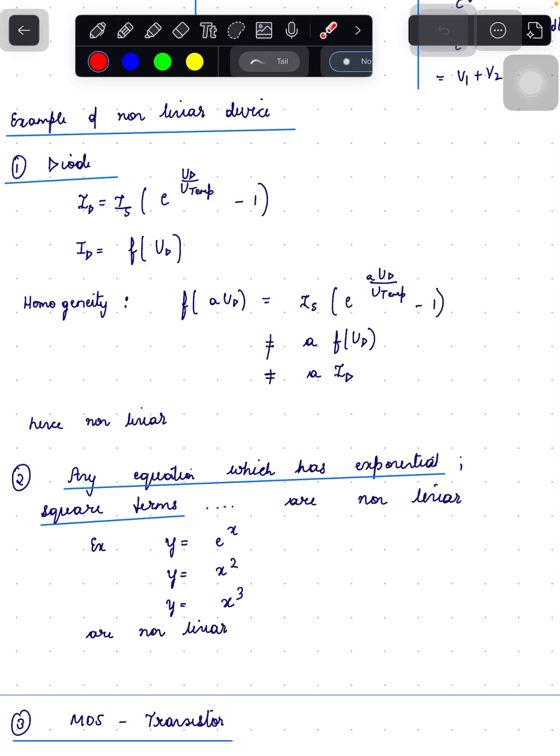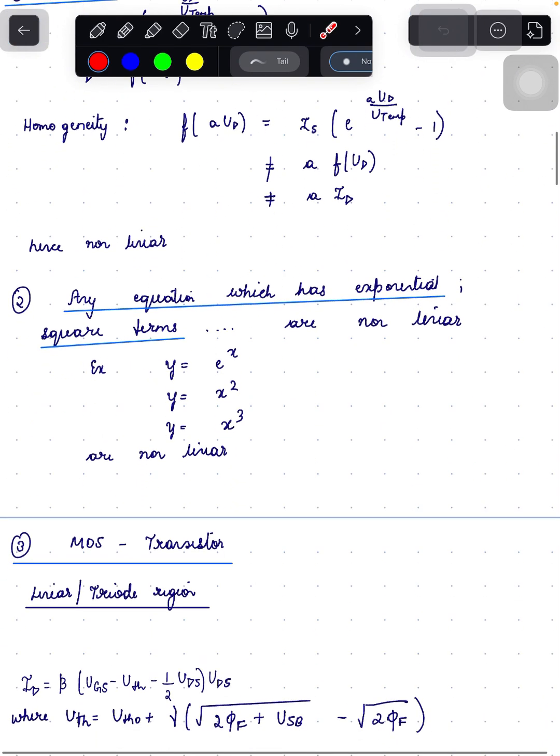Hence this is a non-linear device. Any equation which has an exponential term, square term, or cube term is non-linear. For example, y equals e to the power x is non-linear, y equals x square is non-linear, y equals x cube is non-linear, and so on.